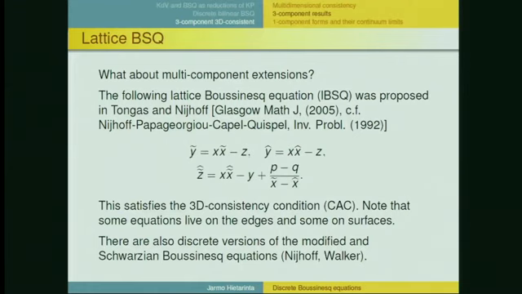This particular equation was proposed by Tongas and Nijhoff in 2005, but in fact in the work by the Dutch school, Nijhoff, Papageorgiou, Capel, and Quispel, there were several equations already. Now this equation satisfies the consistency around the cube form.